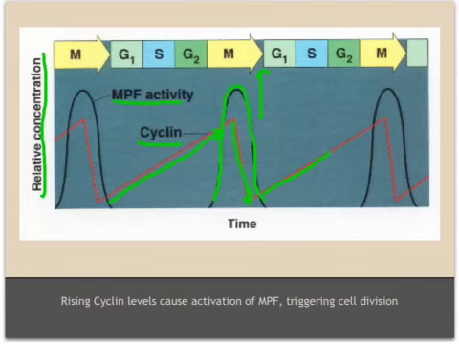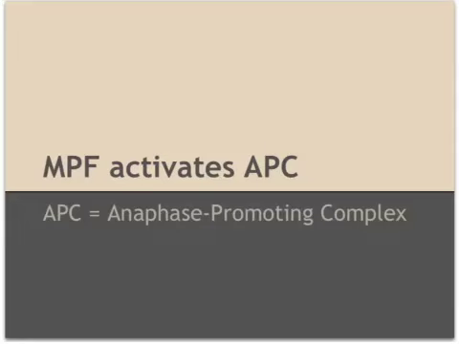Okay, so rising cyclin levels cause activation of MPF, triggering cell division. And while the mitosis promoting factor, MPF, has activities like condensing chromosomes, breaking down the nuclear envelope and stopping gene transcription, it has another very important activity.